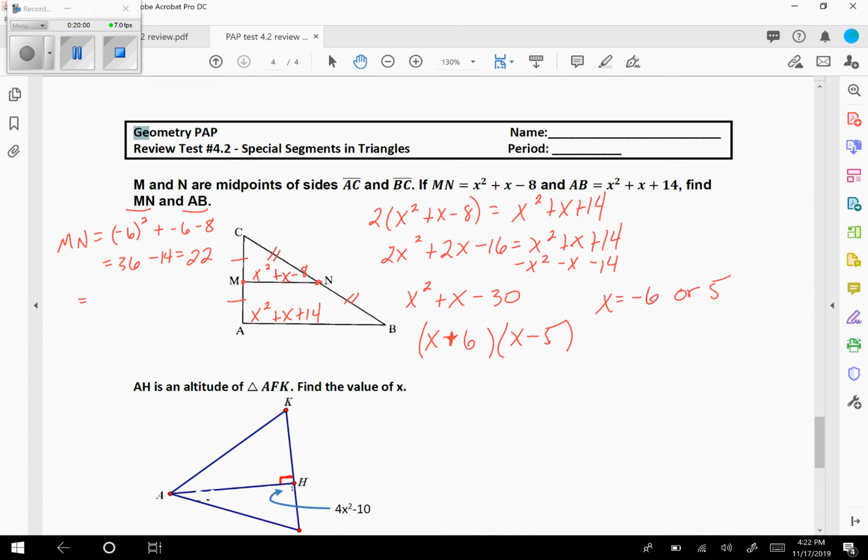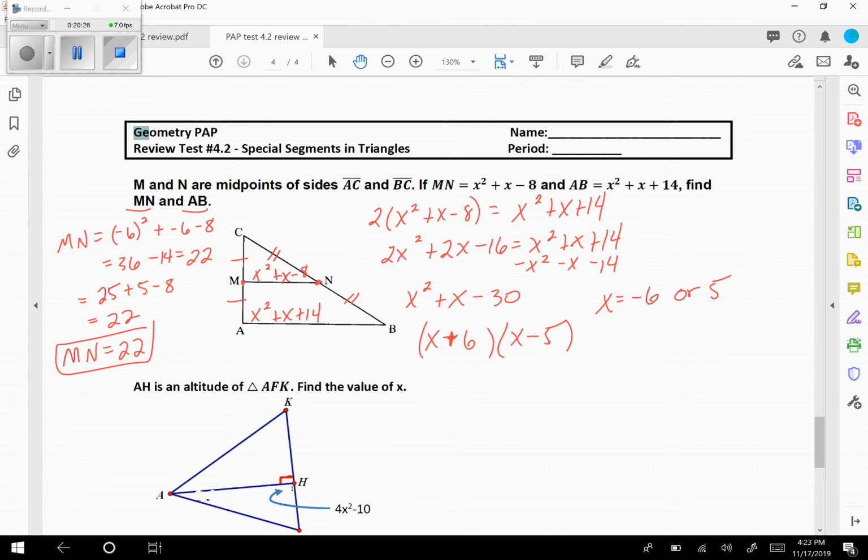Or we can also do the 5 squared, so we'll have 25 plus 5 minus 8, so it's also 22. So MN is 22. Okay, you got to make sure that you plug in both of your roots, because that will be very important in terms of showing work and getting your answer.